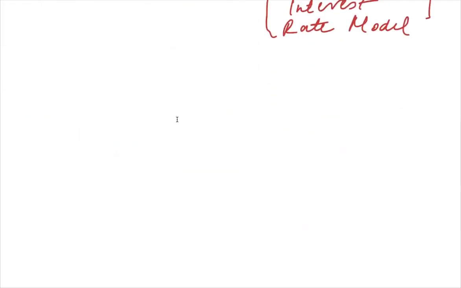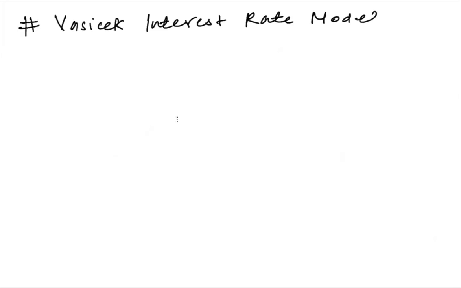Now coming back to what the different stochastic interest rate models in quant finance are. The very first model that came into existence was the Vasicek interest rate model. This was the first stochastic interest rate model in the world of quant finance.